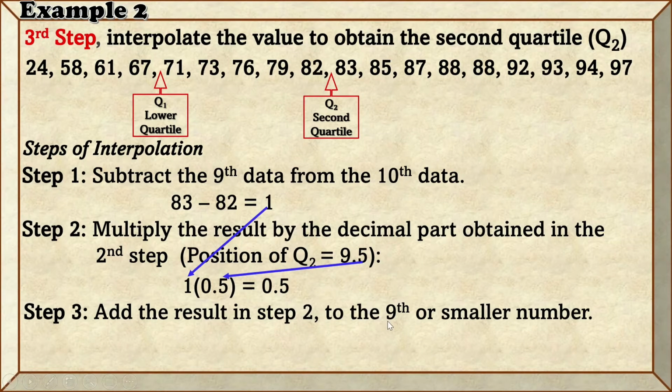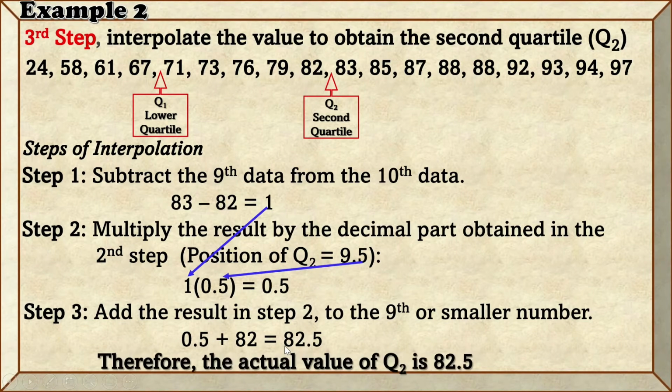So our 9th score here is 82. So we're going to add the result in step 2. So we have 0.5 plus 82 equals 82.5. Therefore, the actual value of second quartile is 82.5.